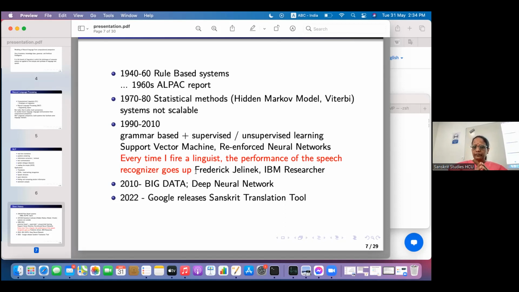So they started modeling this word using these various properties.